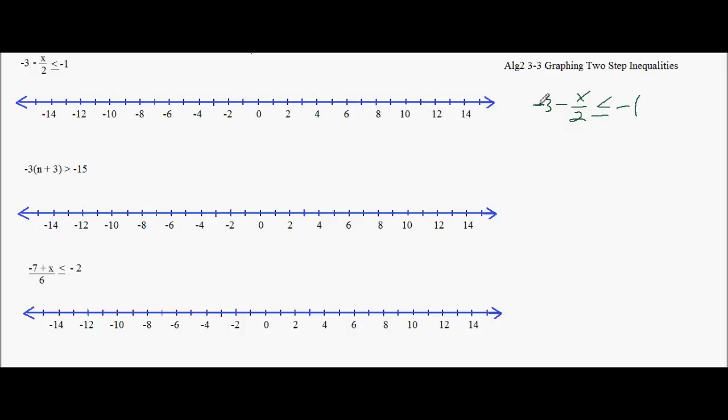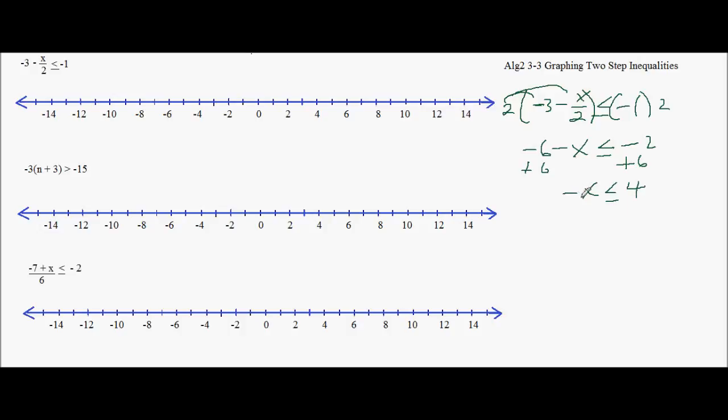I'd have to multiply by 2 like this, and that would do it. But I have to distribute the 2 to the -3. Then the 2 over the 2 would cancel, and then I'd add 6, and then I get -x is less than or equal to 4.